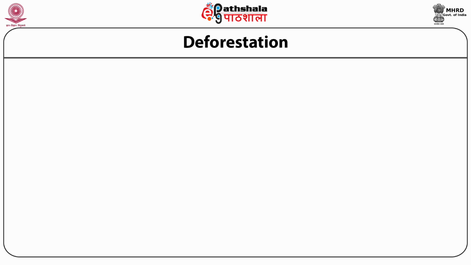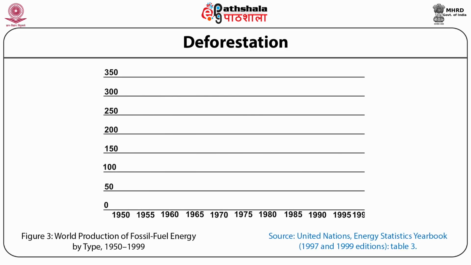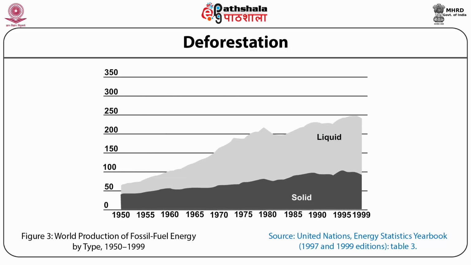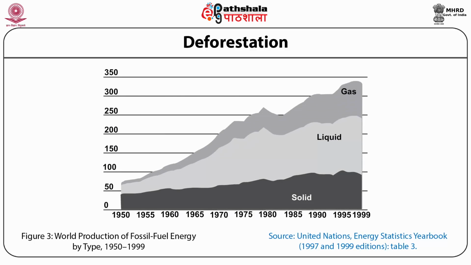Energy use. The energy production and consumption has been increasing steadily for several decades. This has high impact on climate variability. For example, in 2001, commercial global energy production was 9.3 billion metric tons of oil equivalents.